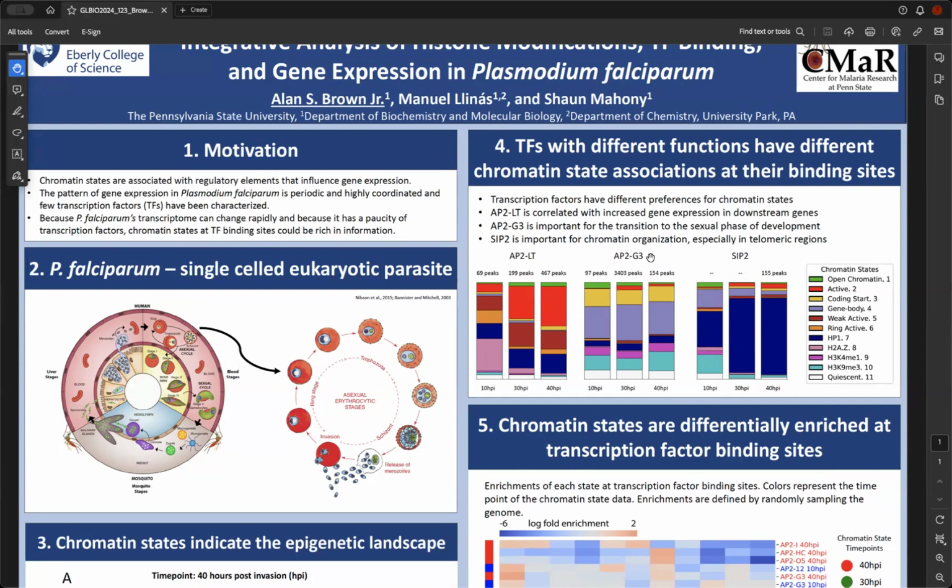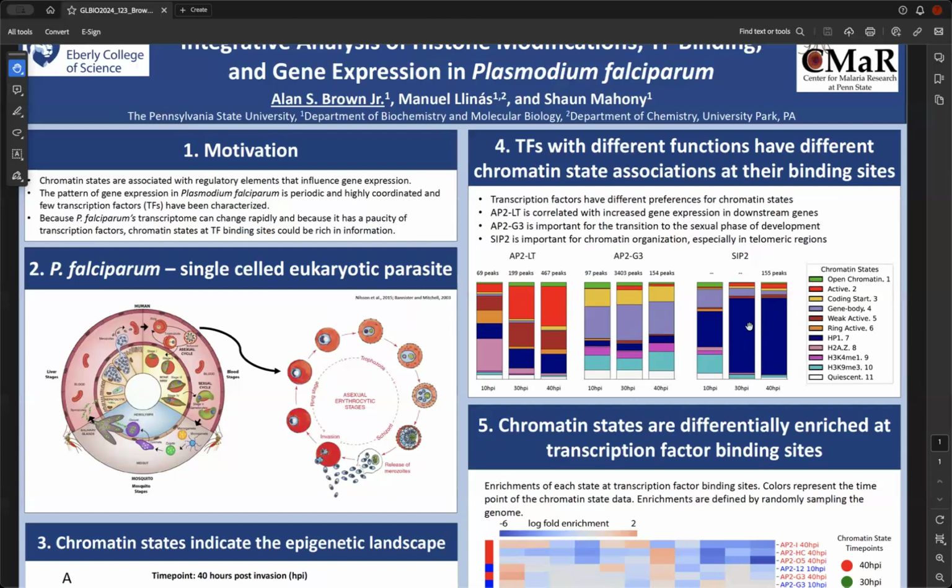Most of these genes are turned off during the life cycle stage that I have. And the chromatin is more stable for this set, but this is a similar pattern for several of the sexual phase transcription factors.